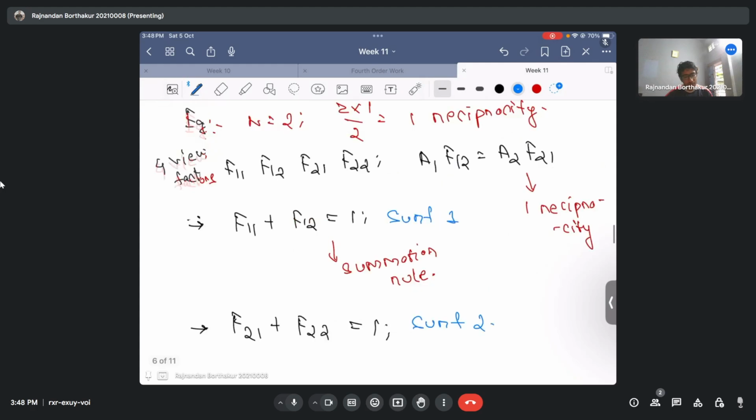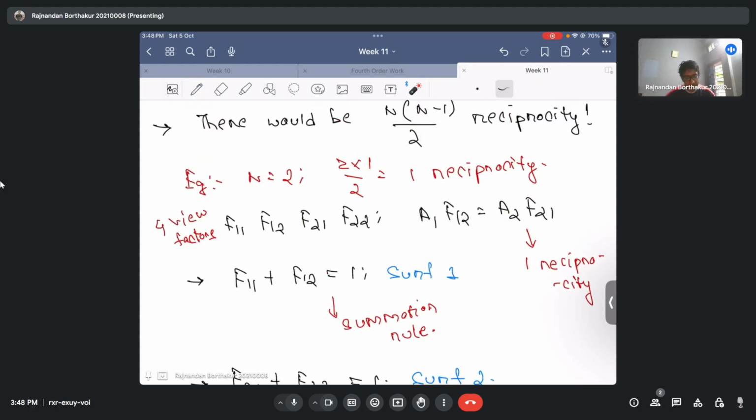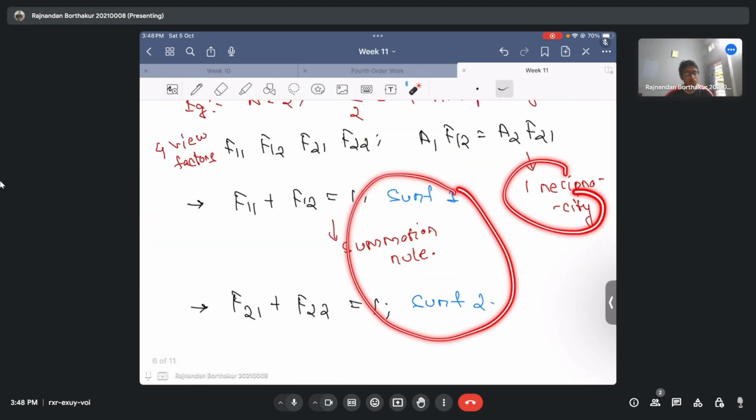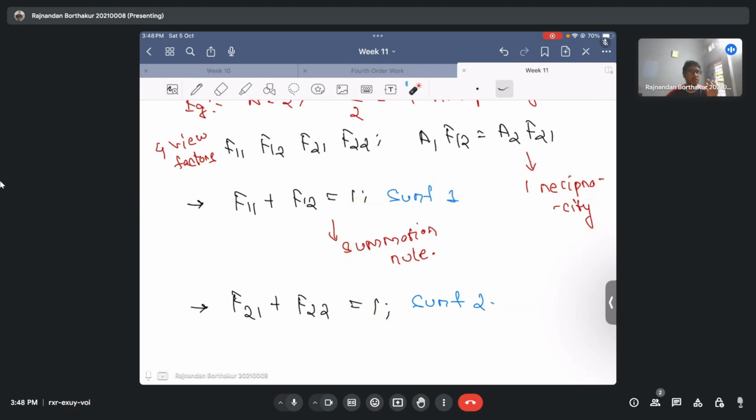Okay, so if I want to summarize, for two surfaces, I will have basically four view factors, that is 2 squared, which is equal to 4. I will have one reciprocity relation and two summation equations.